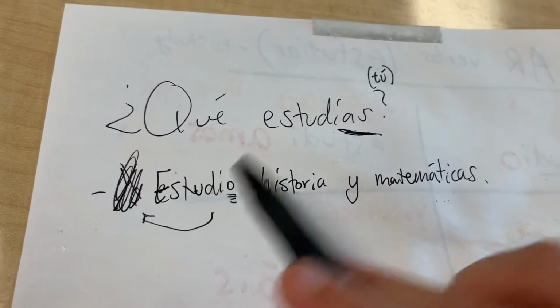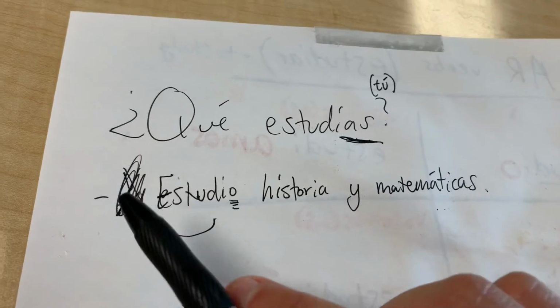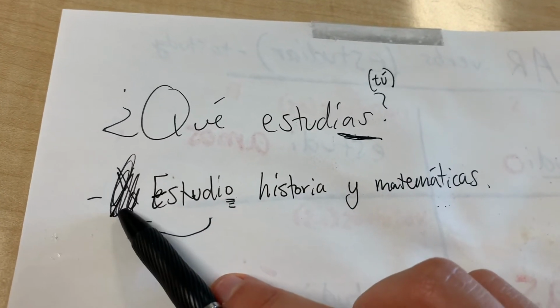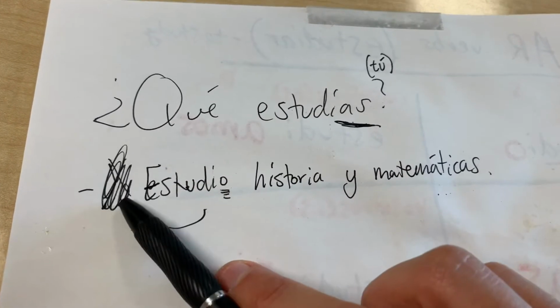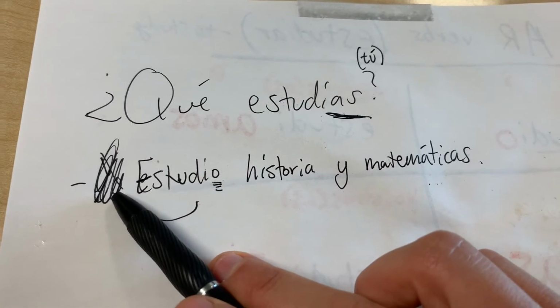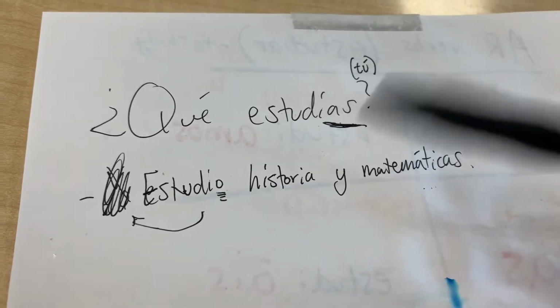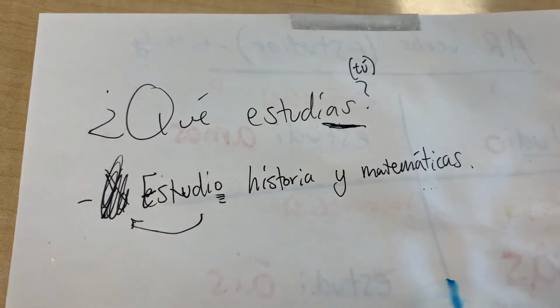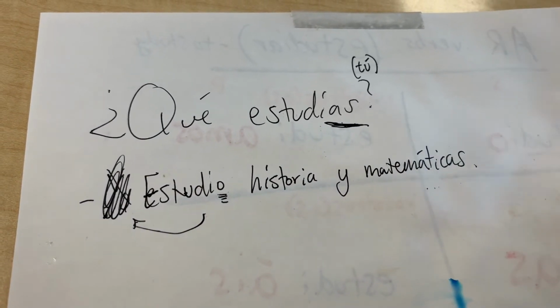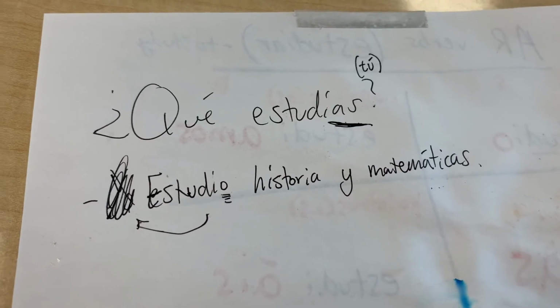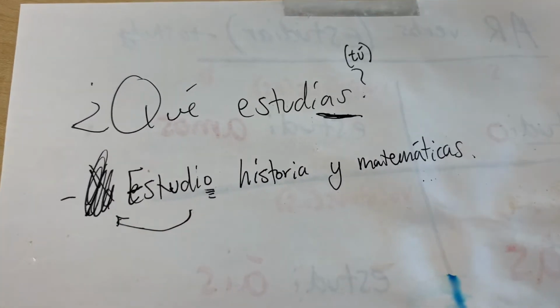In English and in French, I believe, you cannot omit the subject pronoun of the sentence. You need to have it in there, okay? And that's because in English, I would say, I study, you study, he studies. But if I just say study and I'm pointing to myself, that doesn't really make sense, right?